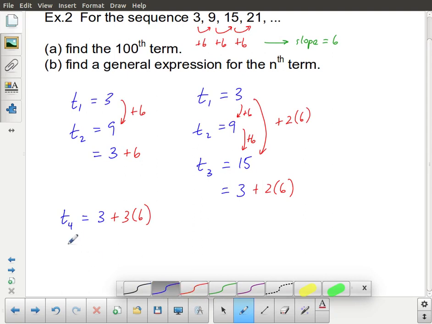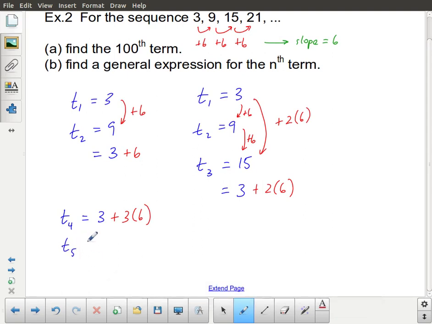And not to get too ridiculous, so I'll do one more of these. t5 is equal to 3 plus, I need another 6, so that's going to be 4 times 6. And in general, tn is going to be equal to 3 plus, and I'm going to need n minus 1 times 6.